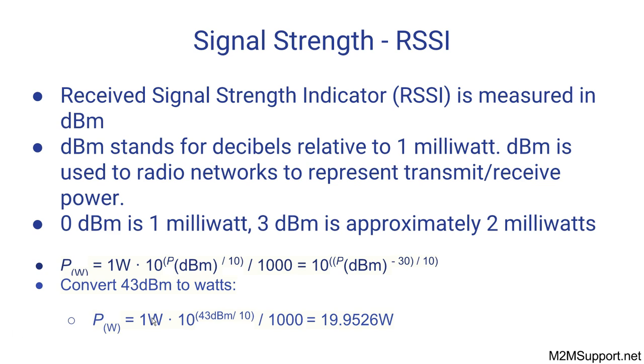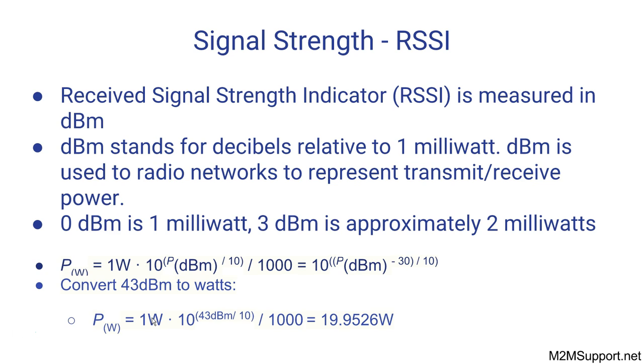Now let's look at some details on RSSI. As I mentioned, RSSI is measured in dBm. dBm stands for decibels, a measure of power relative to 1 milliwatt. In radio networks, it is used to represent the transmit and receive power.